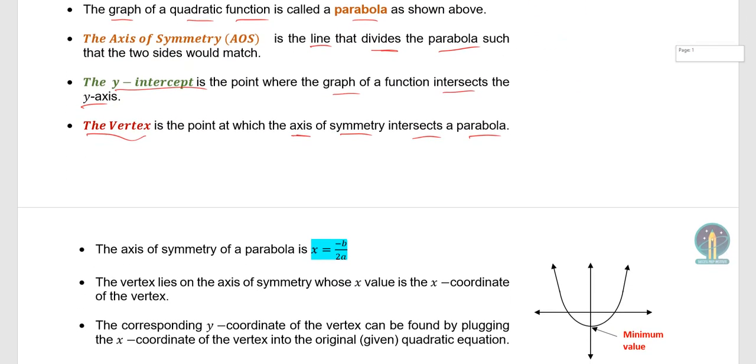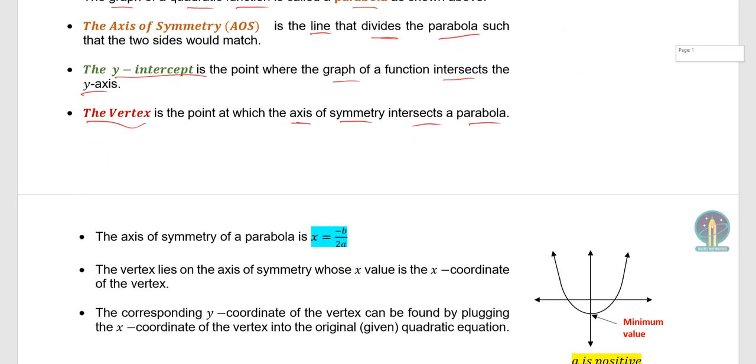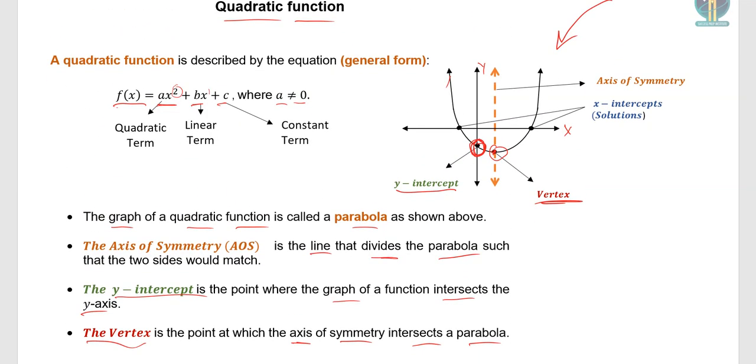Yet another feature is the x-intercepts. The x-intercepts are basically the solutions of the equation, right? Once you solve for x, typically you'll get two numbers.